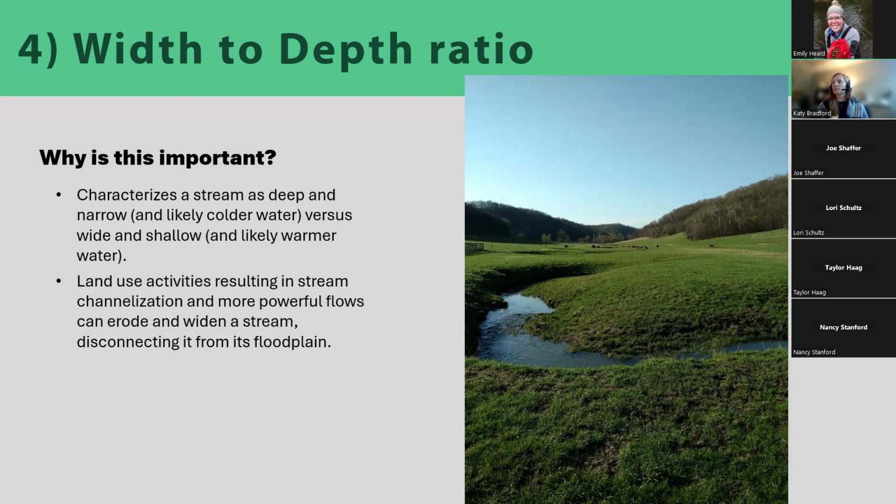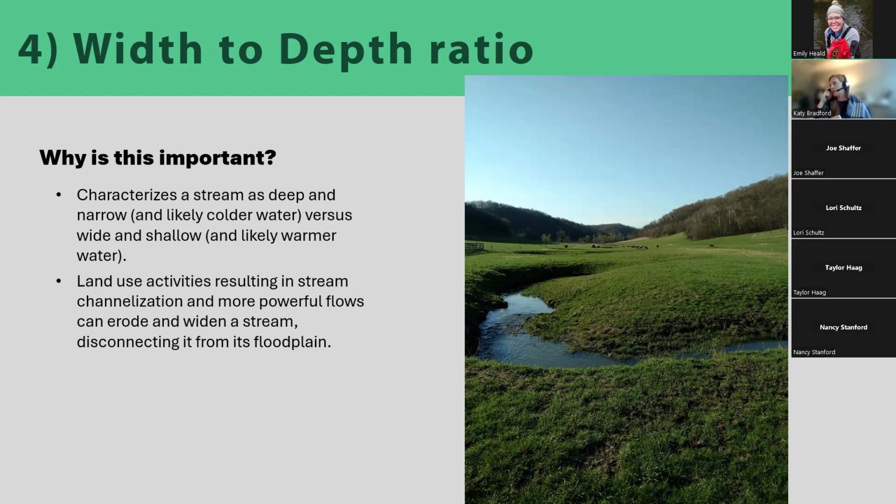And land use activities can result in the channelization or straightening of a stream, and that can result in much more powerful flows as well that further erode the stream and widen it. They erode and widen it, which one disconnects the stream from its floodplain, but two, it can also result in warmer water and more sediment flowing in the stream.